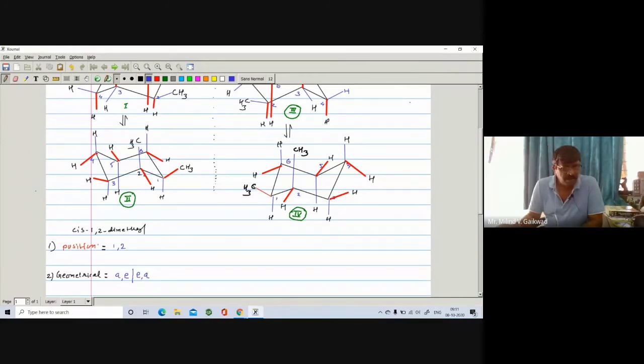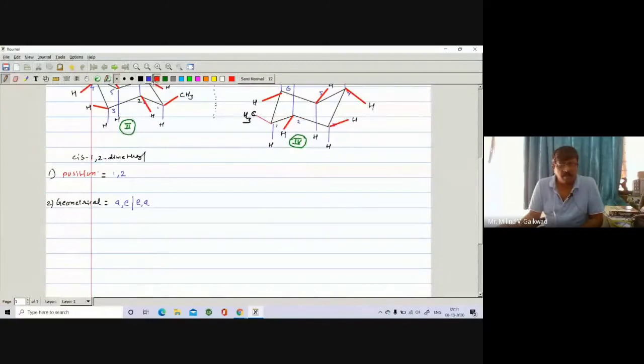The next point, number 3, is conformational isomerism.